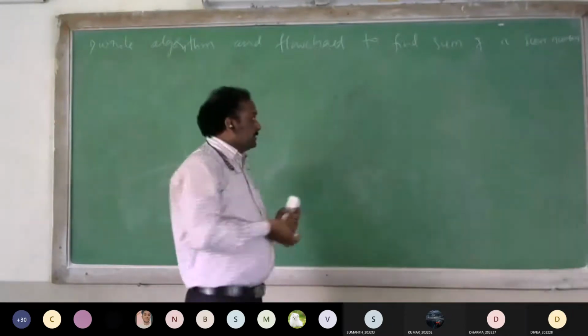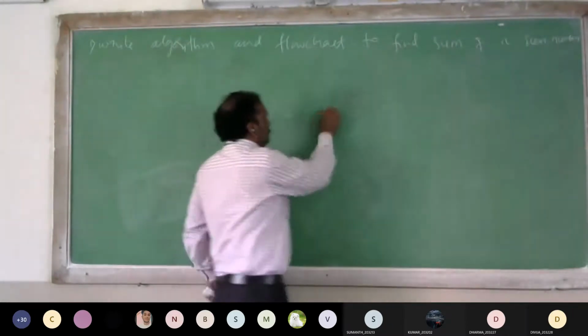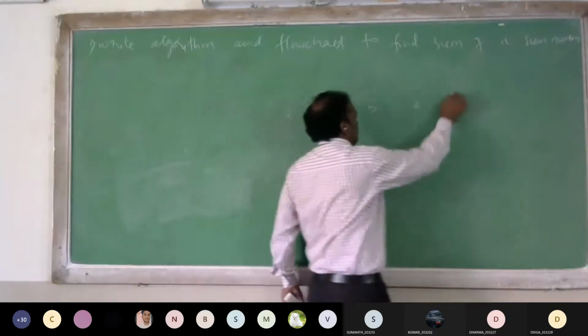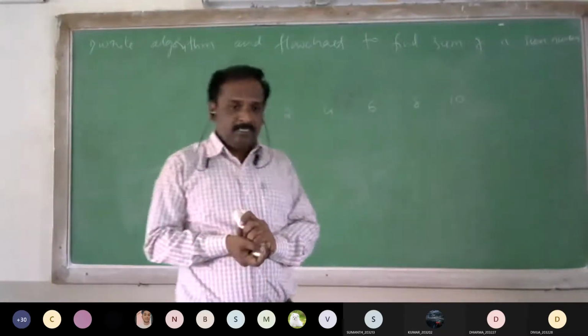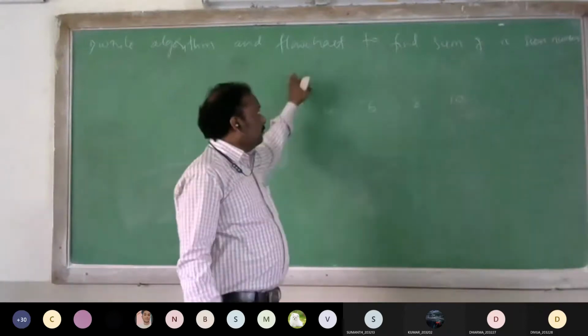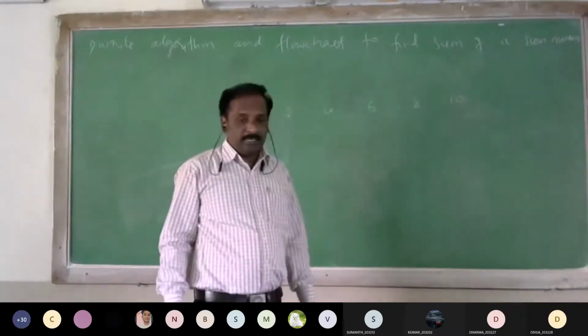So what are the even numbers? Even numbers are 2, 4, 6, 8, 10, etc. These are the even numbers. So now we write the algorithm and flowchart to find the sum of n even numbers.